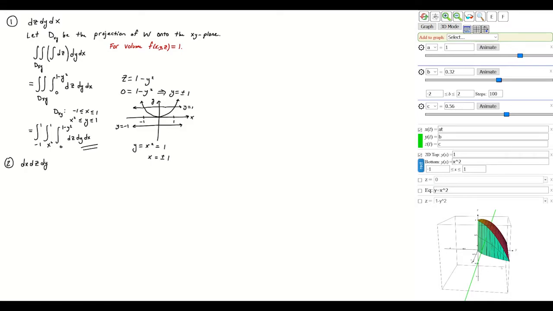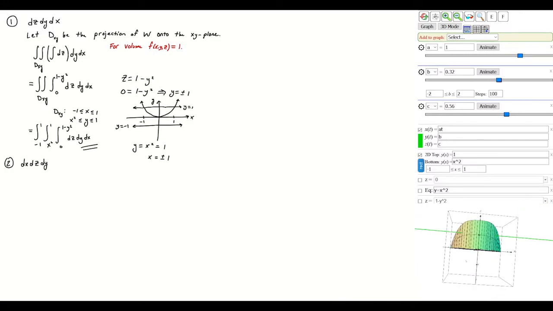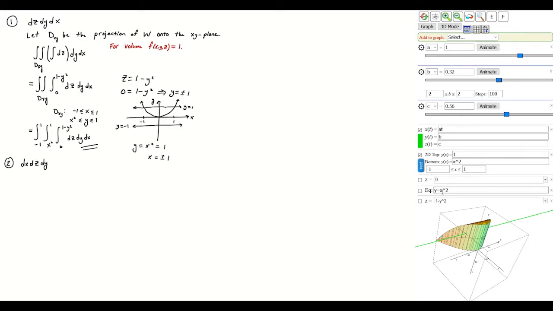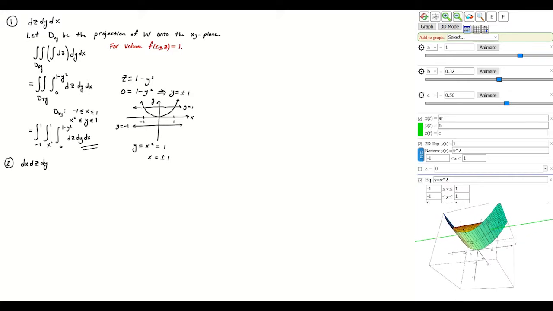And then this surface on the other side is the quote-unquote bottom surface. But here's the thing. These two surfaces are not actually different. Both of these surfaces are that parabola, y equals x squared. So it's the same surface.